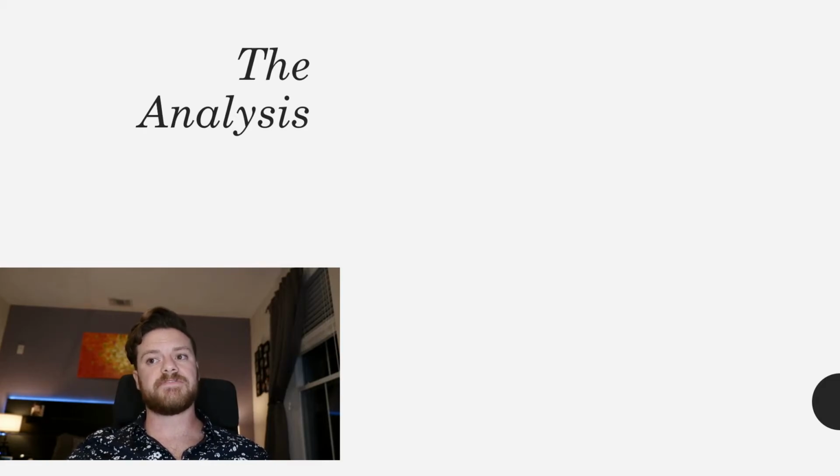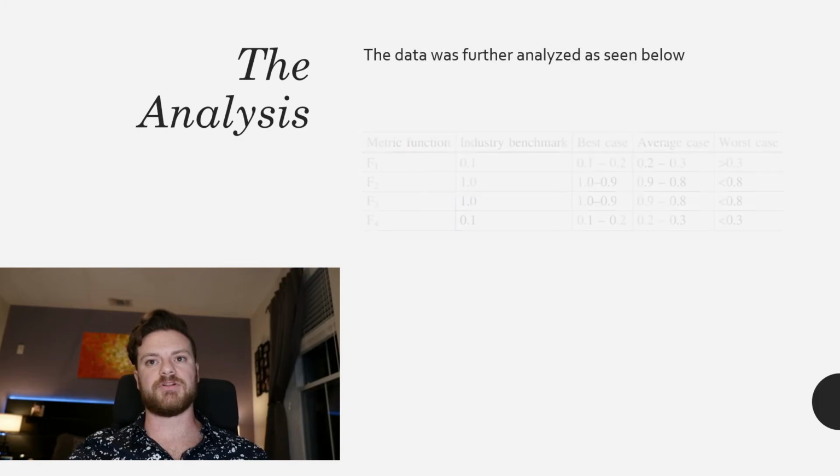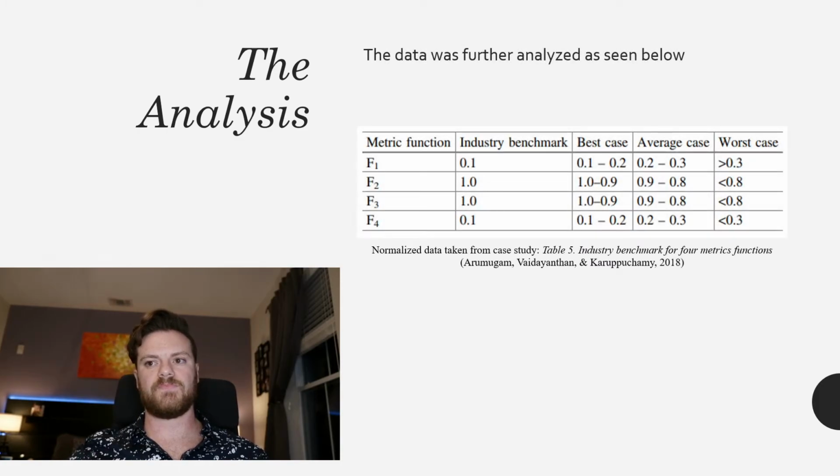So the data was further analyzed and normalized to give us this table. From here, the researchers were able to easily compare individual team and team member performance. As previously stated, it was found that teams 2 and 7 performed the worst, and team 9 performed the best.